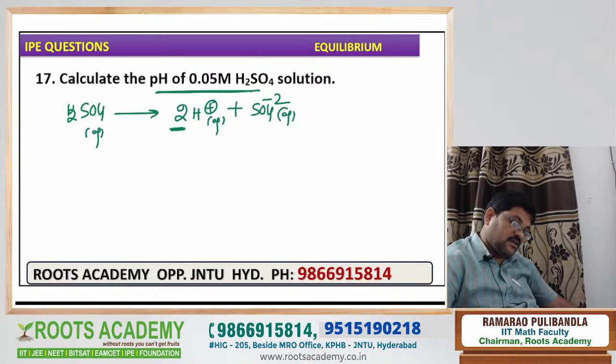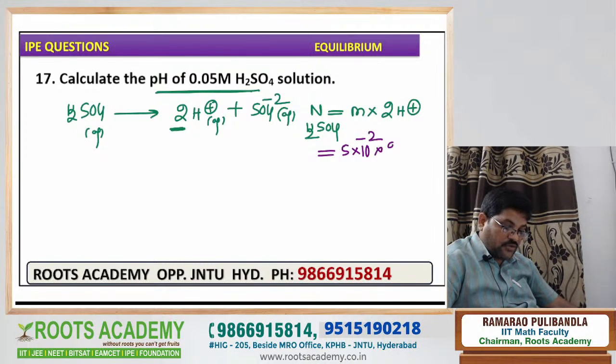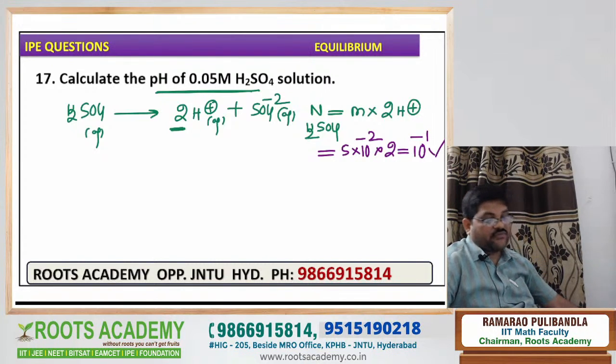Therefore, normality of the H2SO4 solution is equal to molarity into number of H plus ions, which is 2. So 5 into 10 power minus 2 into 2, that becomes 10 power minus 1, that is the normality of sulfuric acid.